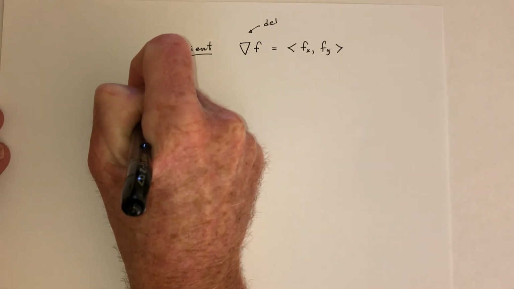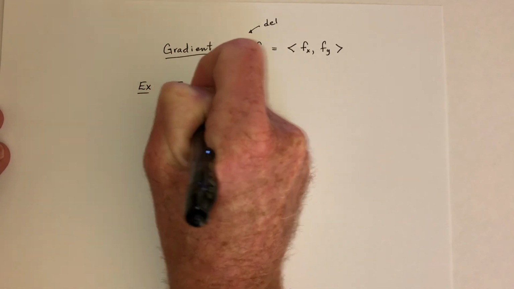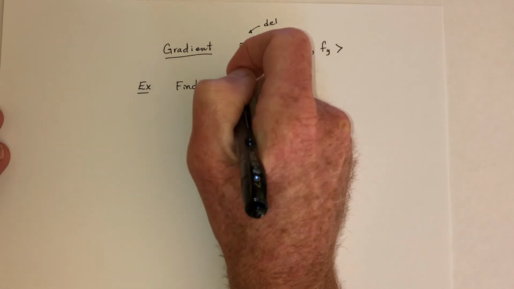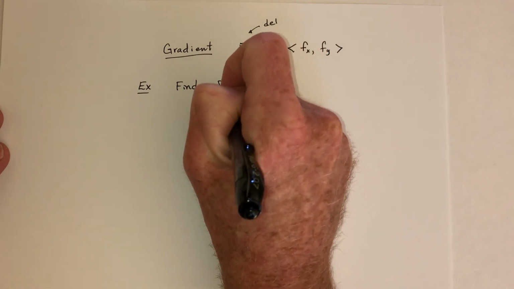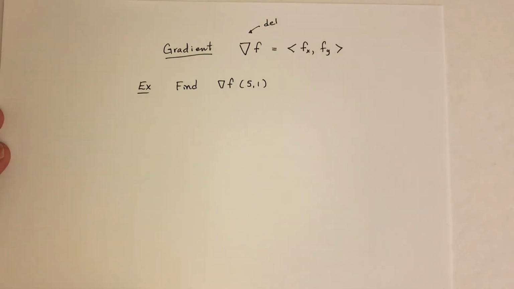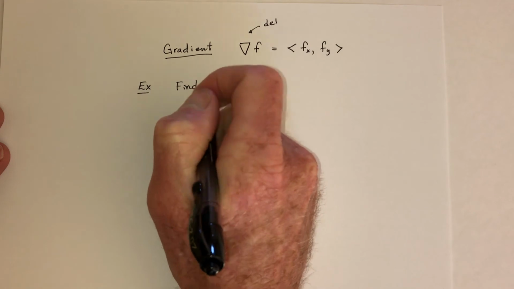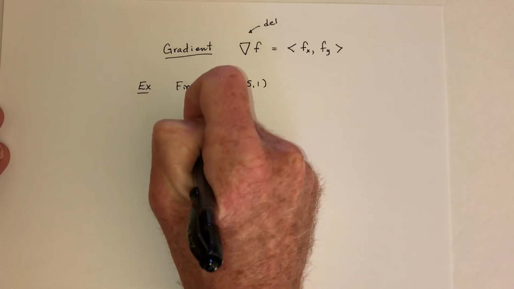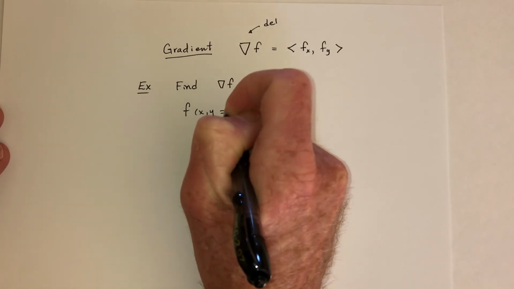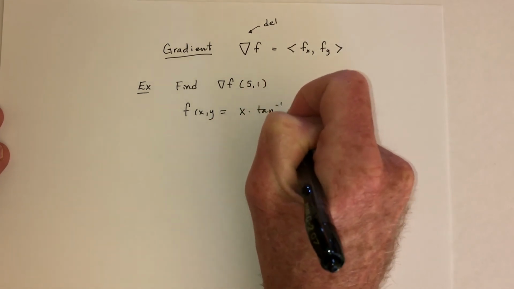So for the next example, find the gradient of f at 5, 1. So that's it, just find the gradient. And the f function, in this case, is going to be x times tangent inverse of y.